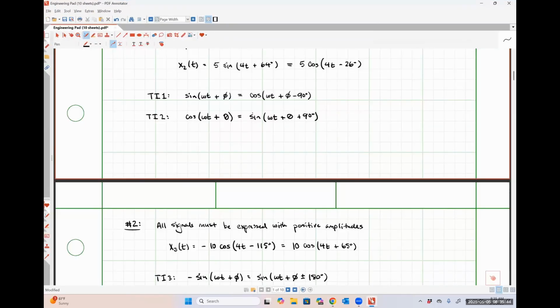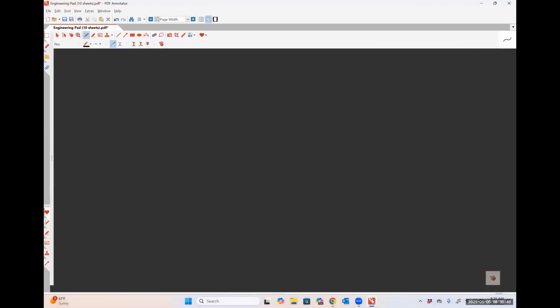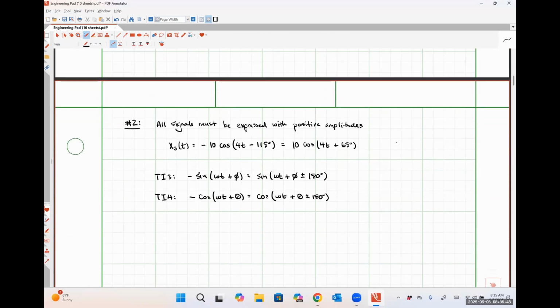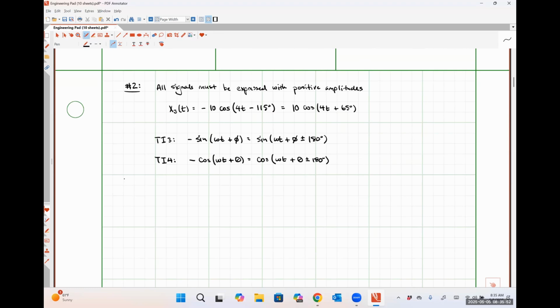Okay. The last rule that we have regarding sinusoidal signals and comparing them is that all signals must have the same frequency.